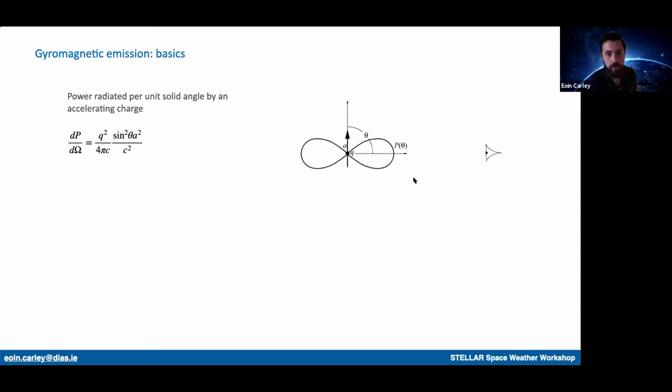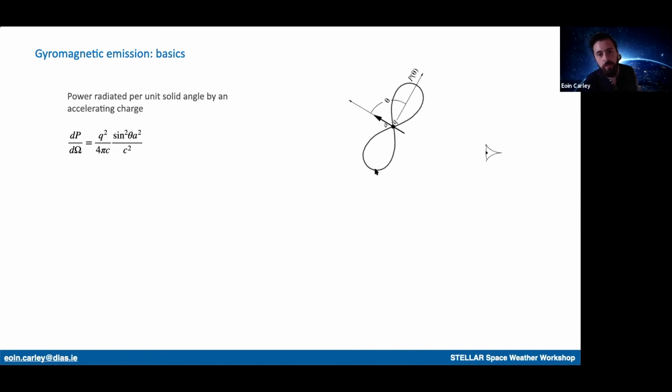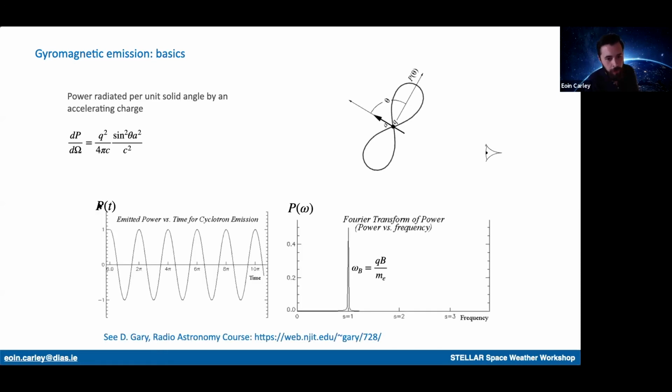If the particle then rotates a little bit, you would see no power here, okay? Now, as it goes on, you would see more power again. And in fact, over time, the power that you receive from that electron is sinusoidal, okay? So it's just a simple sinusoid. So that's for the monoenergetic, non-relativistic case. And there's a nice description of this in Dale Gary's radio astronomy course here.